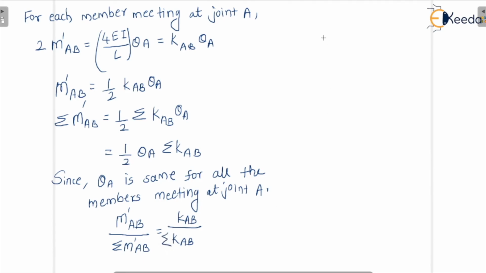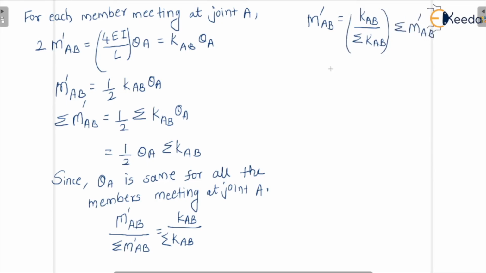So we can rewrite this equation, arranging the terms, and we get that M dash of AB is equal to K of AB divided by summation of K of AB into summation of M dash of AB.